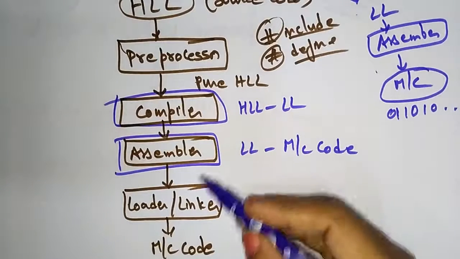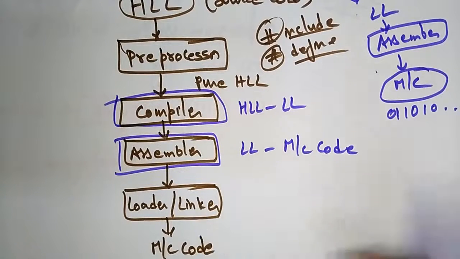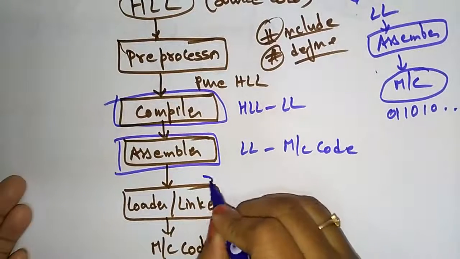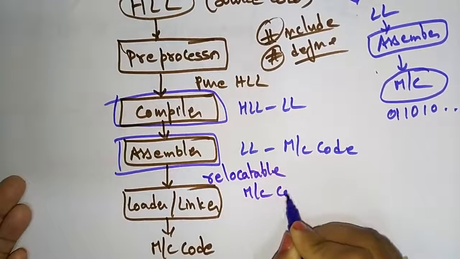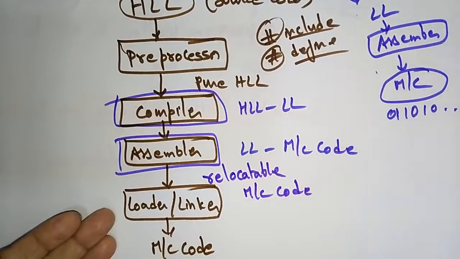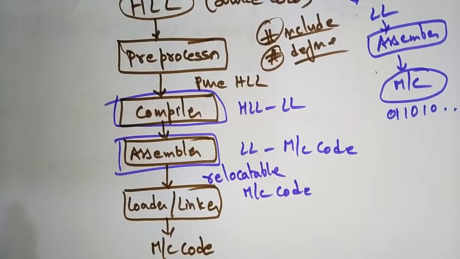The assembler generates the relocatable machine code, so it can be loaded at any point and run. The addresses within the program are adjusted to accommodate program movement.